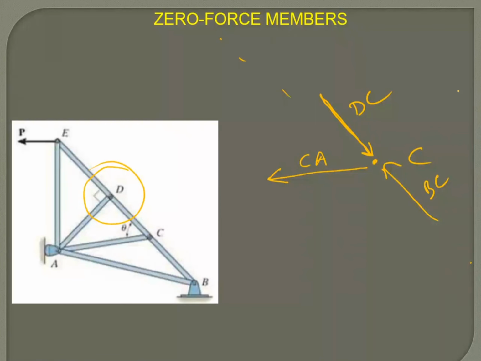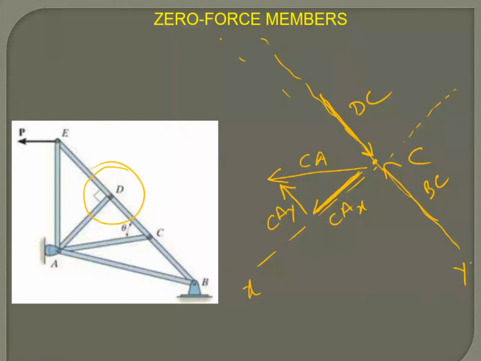I will have my x-axis here and my y-axis here. Let me split CA into the components. This is the x component and this is the y component. Am I right? Yes, sir.